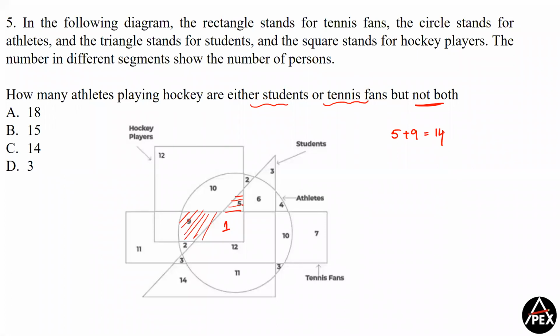It will still be 14 only. You should not consider this region. It will not be 13 or 15, because you should not consider those who are in both. So the answer will be 5 plus 9, 14. Clear, guys? Quick responses.